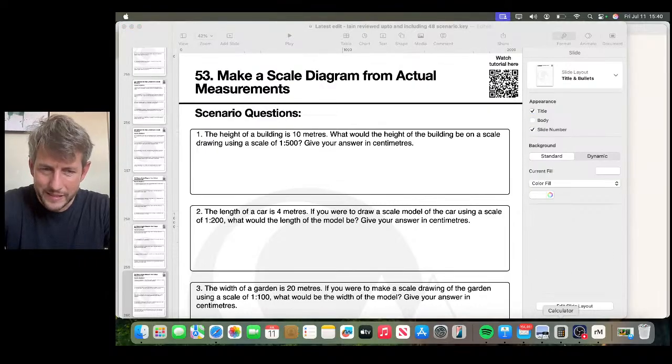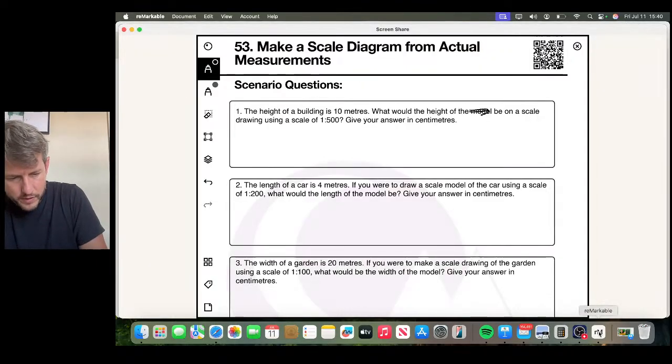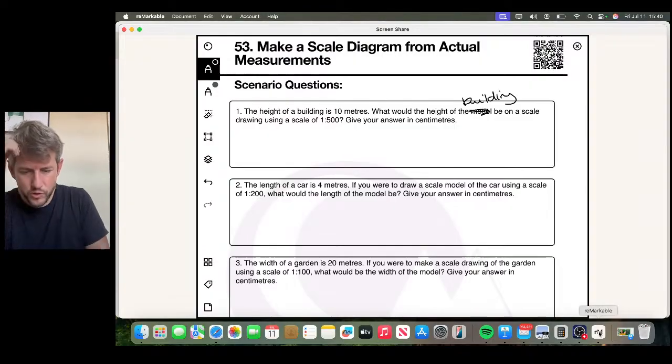Okay, right. So, let me just go back to here and answer the question. What would the height of the building be on a scale drawing using a scale of 1 to 500?